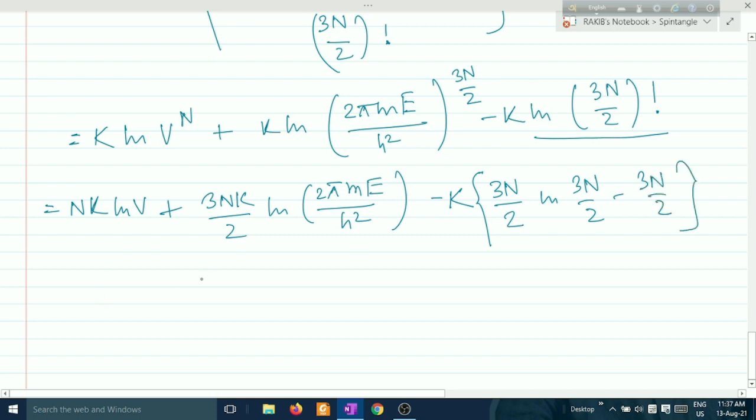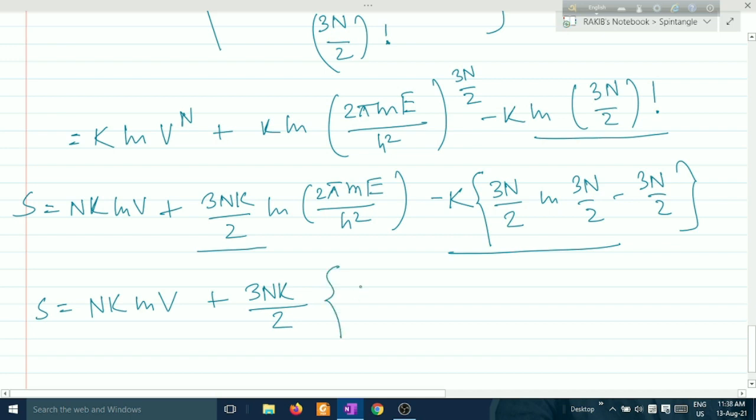This is the formula for entropy S. Therefore the simplified formula of entropy becomes nk ln V plus, from these two terms, taking 3nk by 2 common, ln 2 pi me by h square minus ln 3n by 2, and outside there is one more term, 3 by 2 nk.